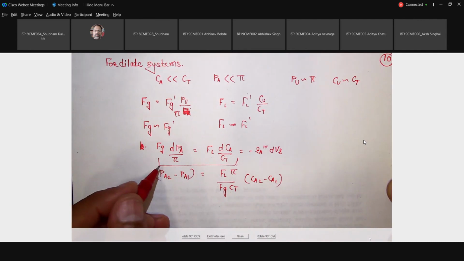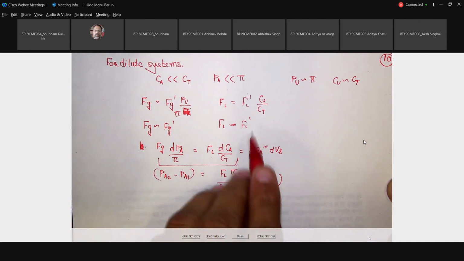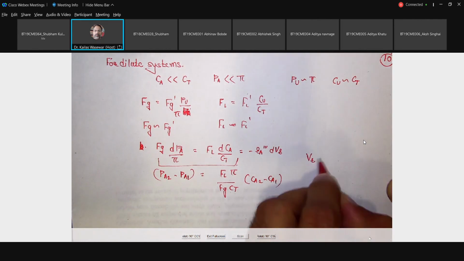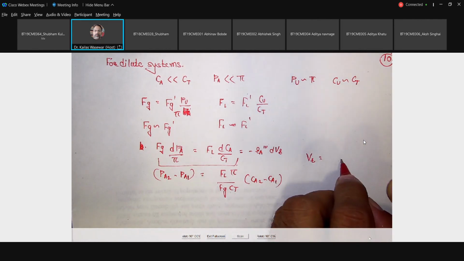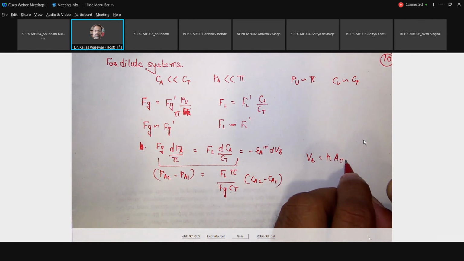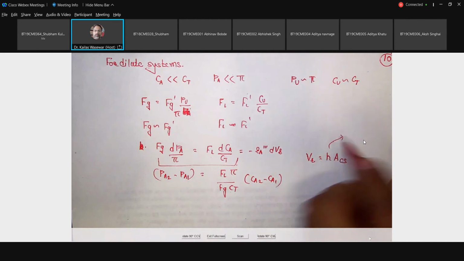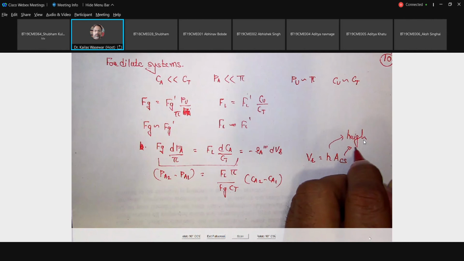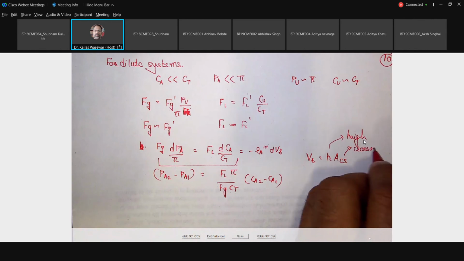Now this RA: VR, which is nothing but the reactor volume, is equal to what? Height of the reactor into cross section area, H representing the height of the reactor, and this is the cross section.